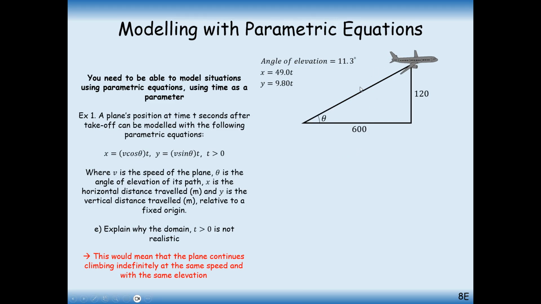The flight path of the plane cannot remain at this constant increase of 11.3 degrees. So the angle of elevation has to change, and therefore a different value is more realistic. The plane cannot rise indefinitely.